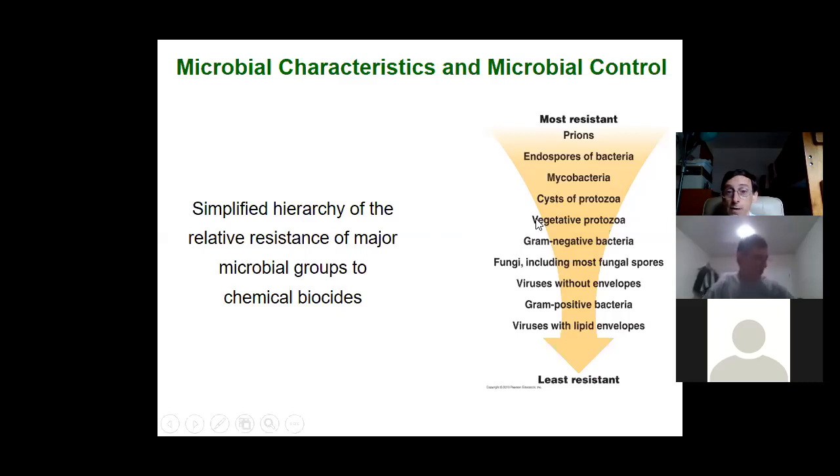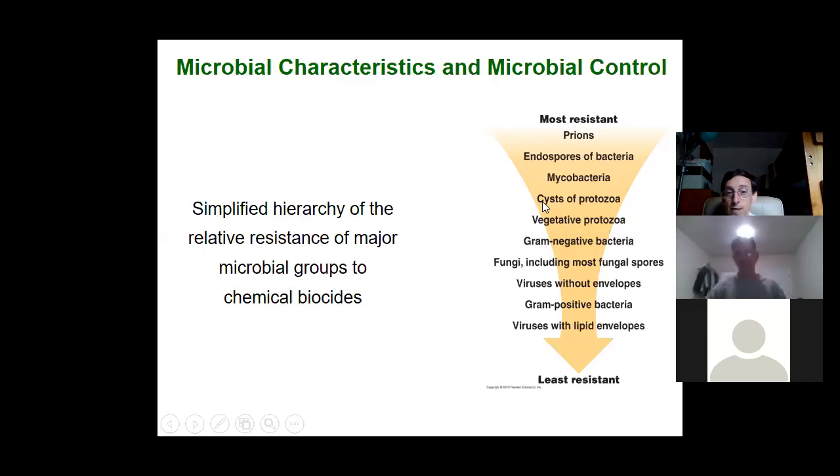Vegetative protozoa. The cysts of protozoa are much more difficult to kill than a normal protozoa. We will talk about protozoa in our last lesson when we're talking about parasites, but generally the cysts are harder to kill than the parent. This is a reproductive, chemically active, moving, perhaps, protozoa.